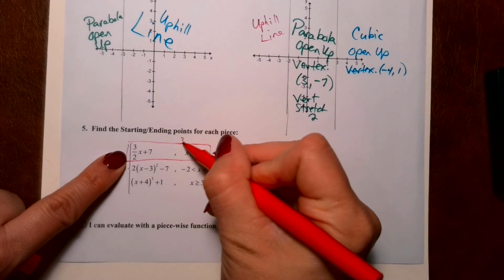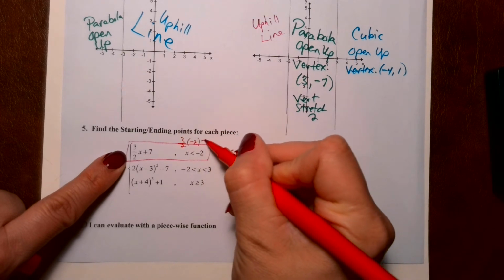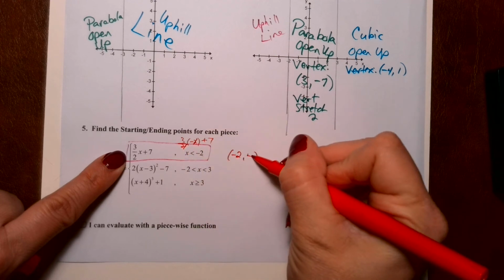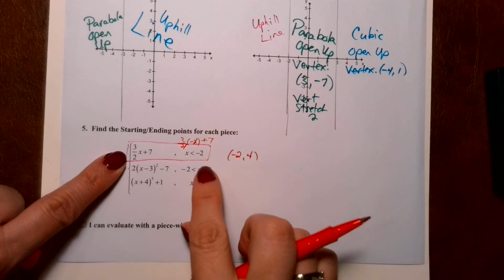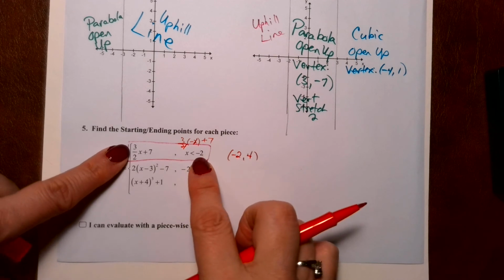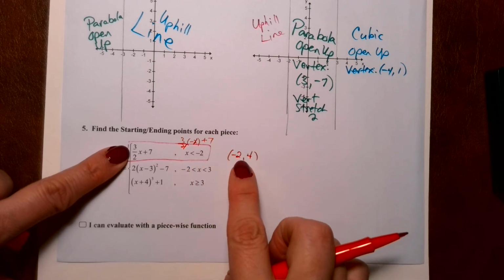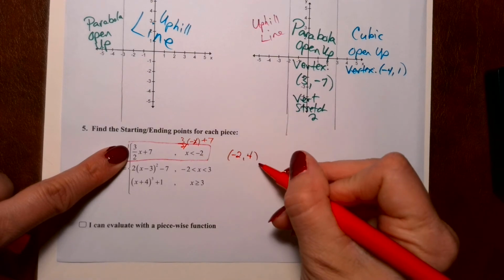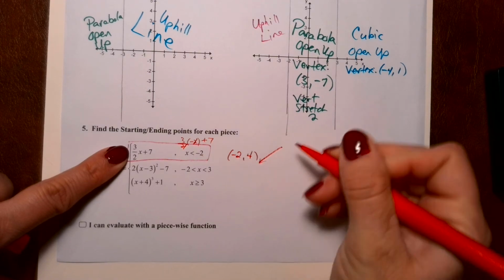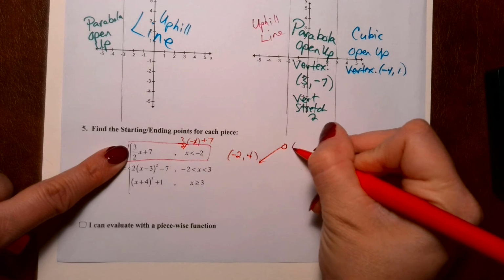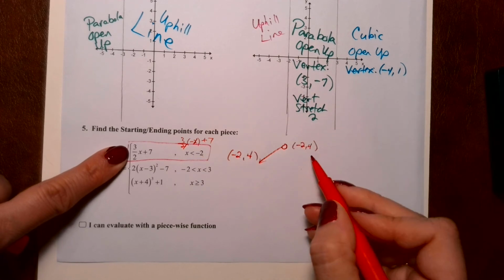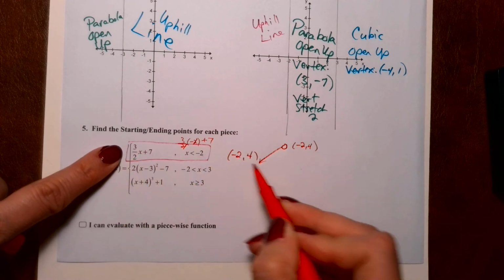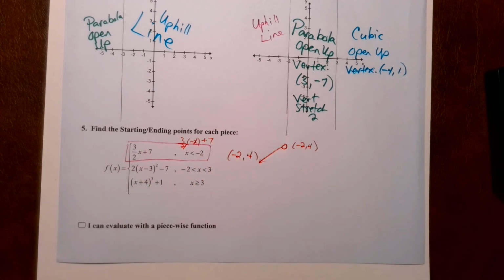If I have 3 over 2 times -2, the 2's would cancel. -3 plus 7 makes a 4. Even though I don't use -2, that would be an open bubble, but that is where it ends. So we end up having this line that goes all the way to the open bubble point, -2, 4. You just take these values and plug them into the piece to find the actual point.